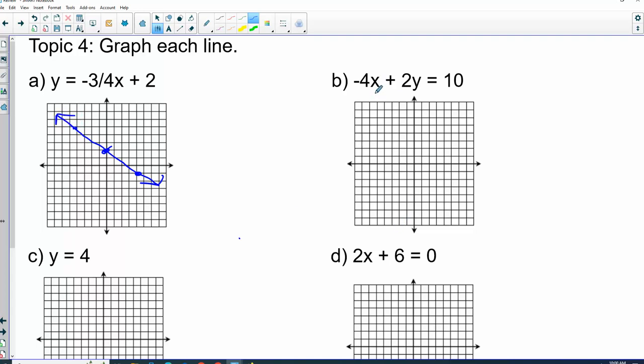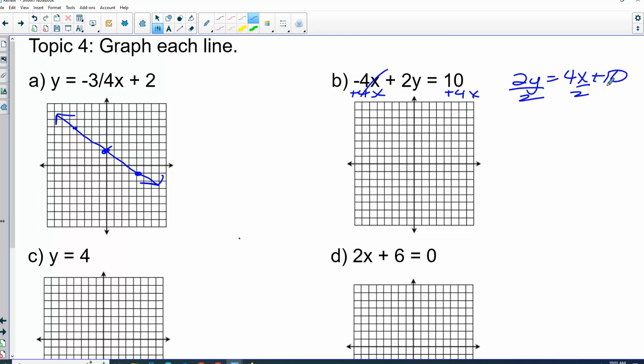Alright, B, if I am going to graph this one, Bailey, what would I do first? Plus 1. So we have 2y equals 4x plus 10. Nicole, what next?